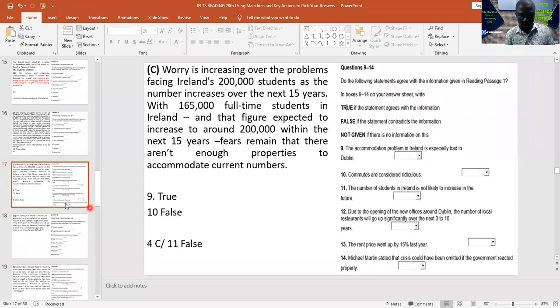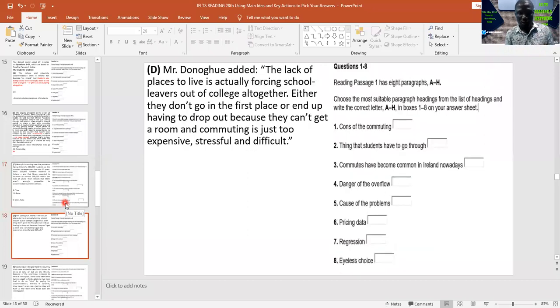So the next question now is paragraph D. Some people have sent answers, but I've reviewed them. I want you to do this one now.